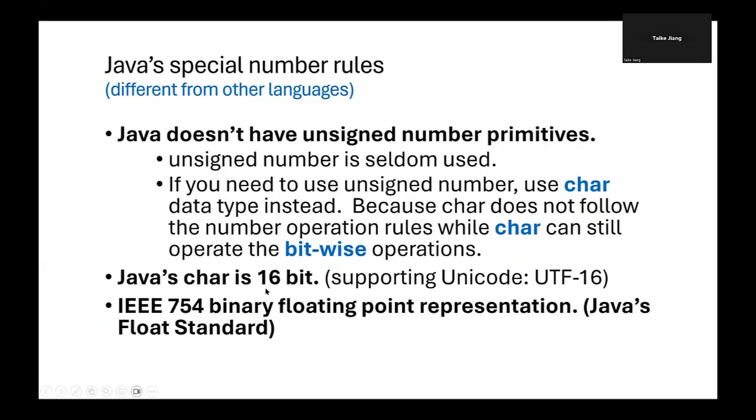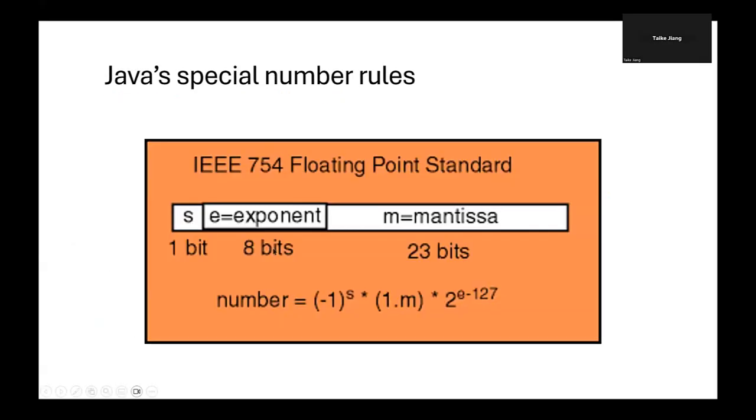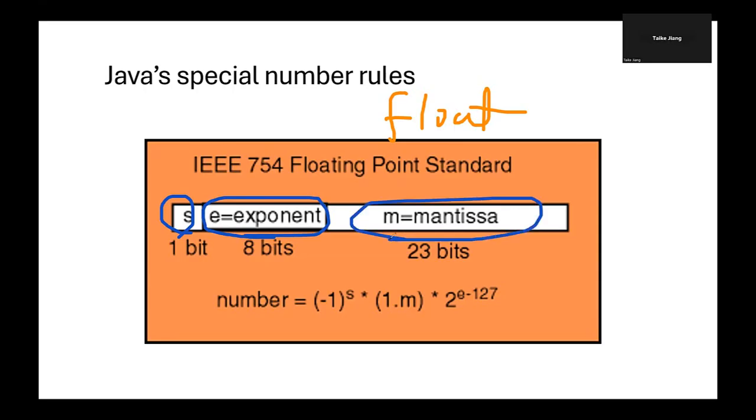So float is 32-bit, double is 64-bit. So let's pick the float. For 32 bits, it will be a sign bit, 8 bits of exponent, and 23 bits of mantissa.